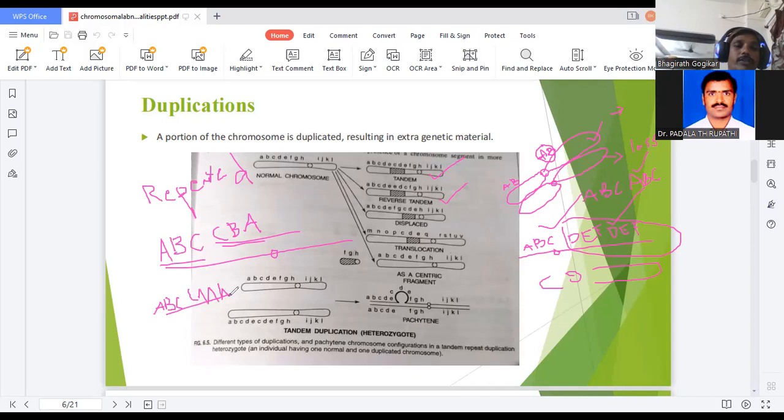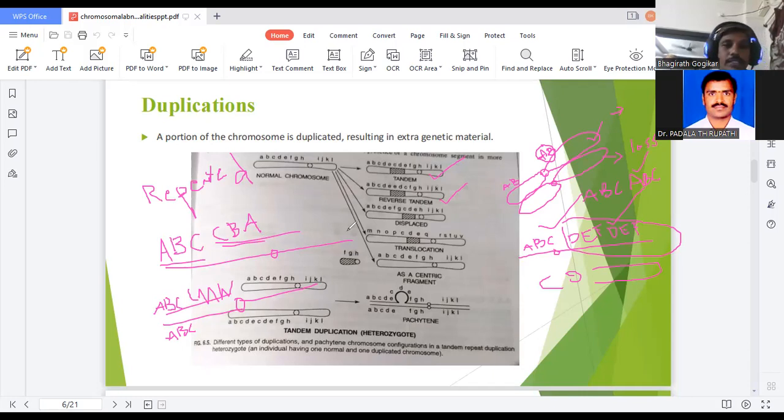LMN is there on another chromosome, and ABC is there. The additional block of genes received by the non-homologous chromosome is called displaced duplications.